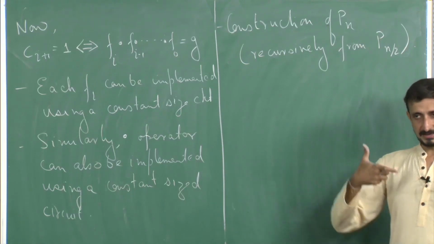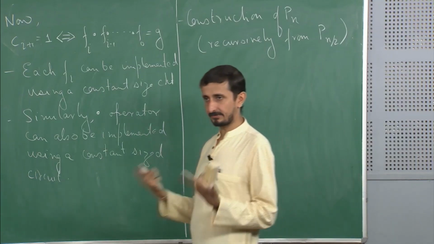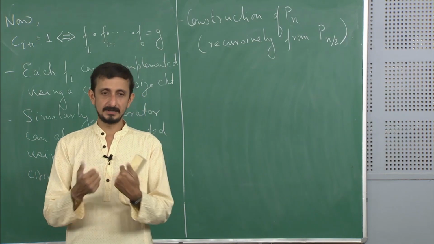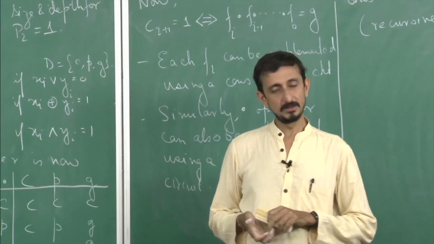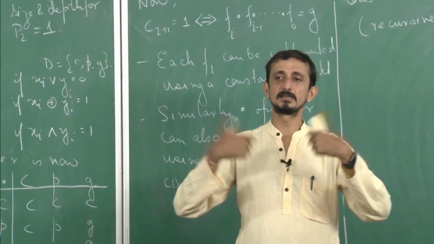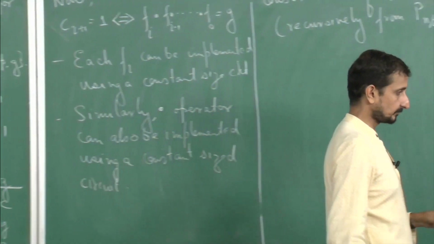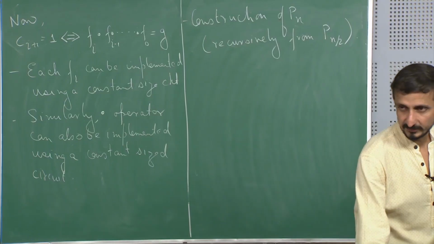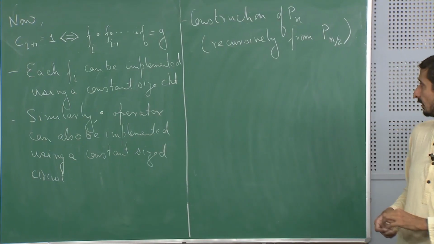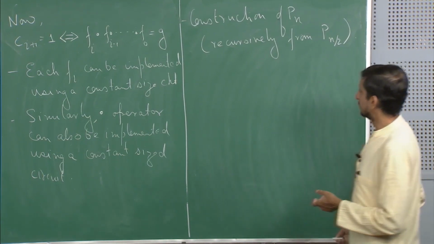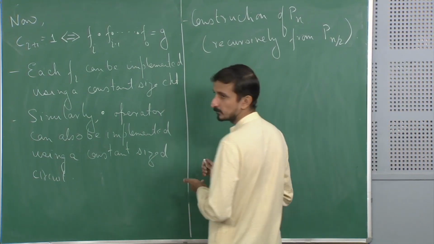So we will assume we have a circuit for P of n by 2, that takes n by 2 bits, and then using that we will construct P of n. Okay. So any questions? Okay, so let us see this.